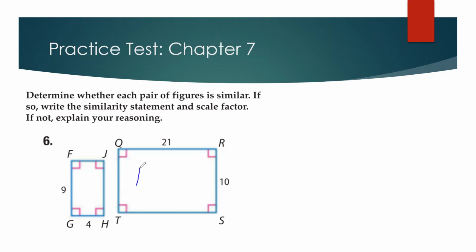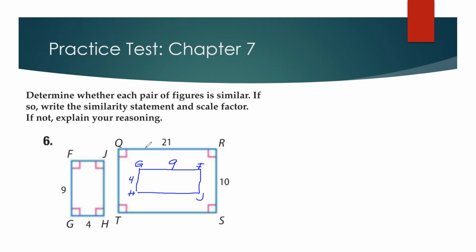So I'm going to draw this other one. I'm just going to put it inside. This would be G, H, and this would be F, and this would be J. Okay, so in between F and G is 9, and in between G and H is 4.